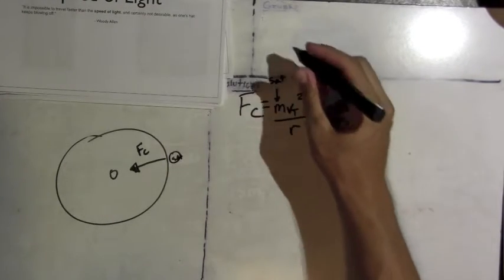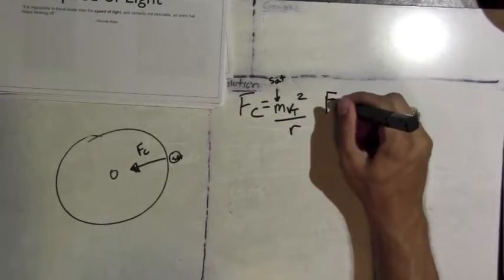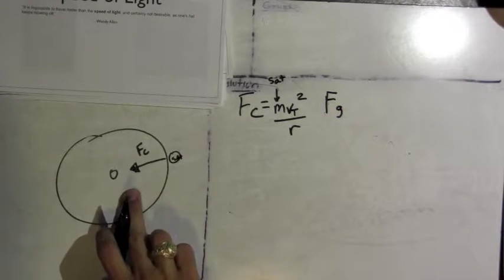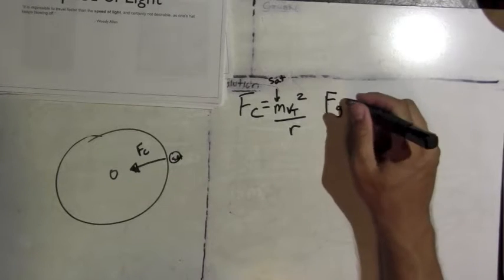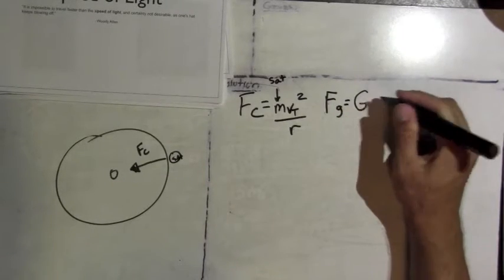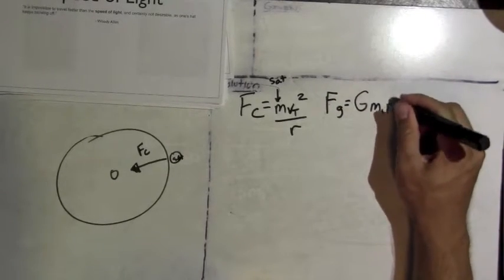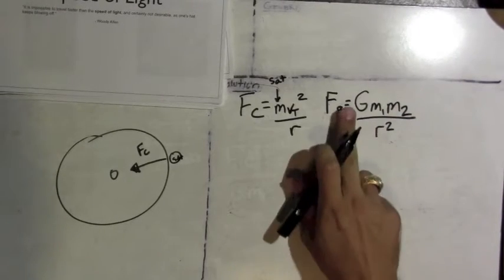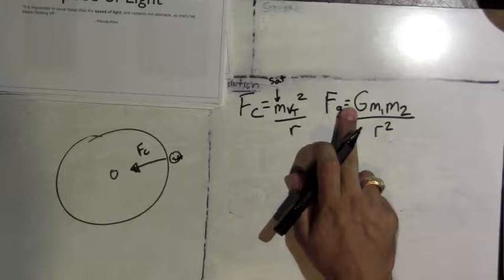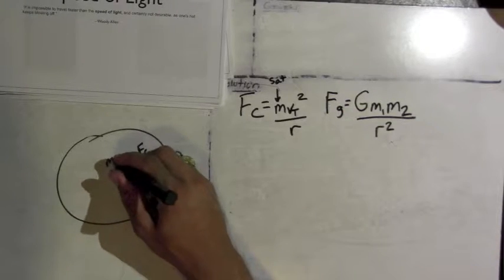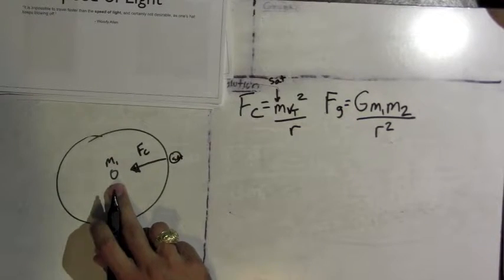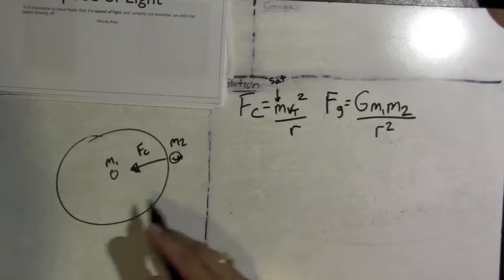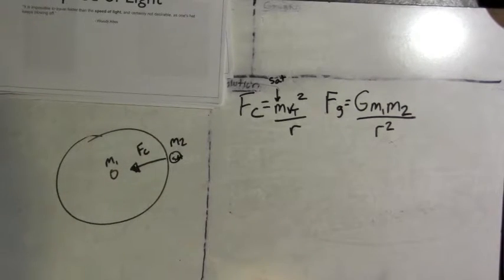We also have the gravitational force formula. We know that the gravitational force is what actually supplies the centripetal force. It can be calculated using Newton's law of universal gravitation, which basically says you have a universal gravitational constant, mass 1, which is the mass of the Earth, mass 2, which represents the satellite, and r, which is once again the distance between them.